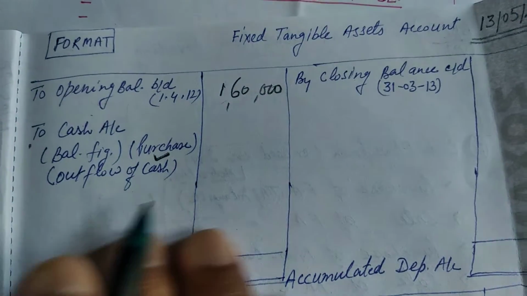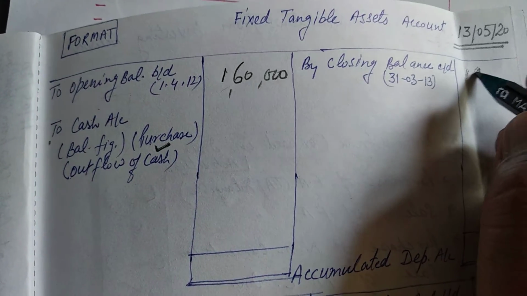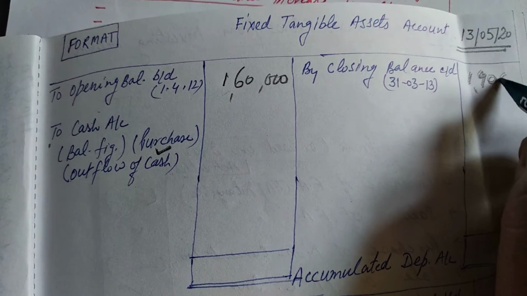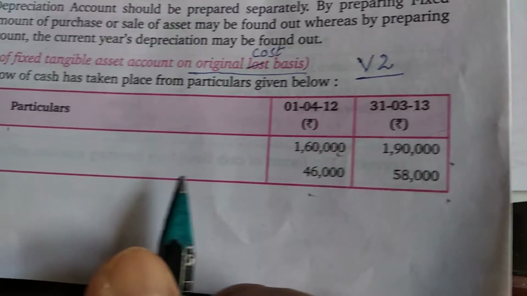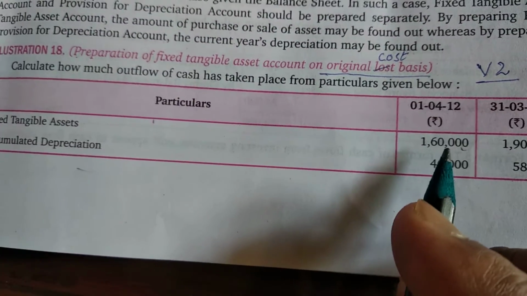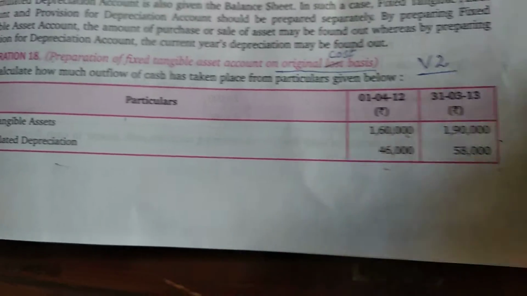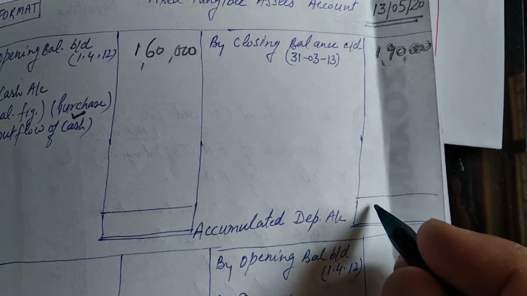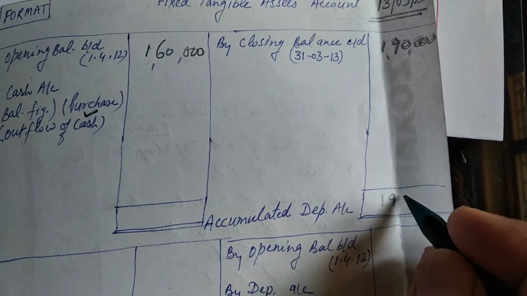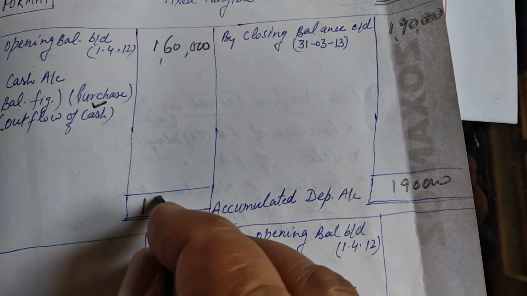1,60,000. Closing balance is 1,90,000. It is given in the question. Opening balance and closing balance, and the difference of these two, we write the same over here.